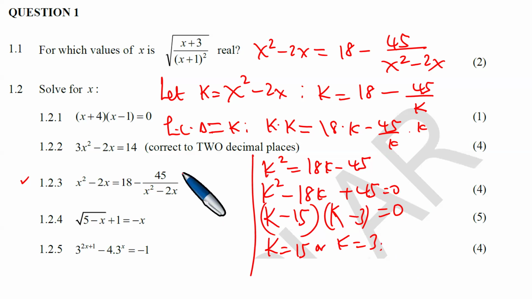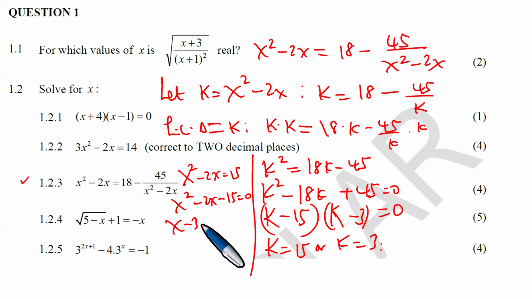At this point, x squared minus 2x is 15. So x squared minus 2x minus 15 is 0.